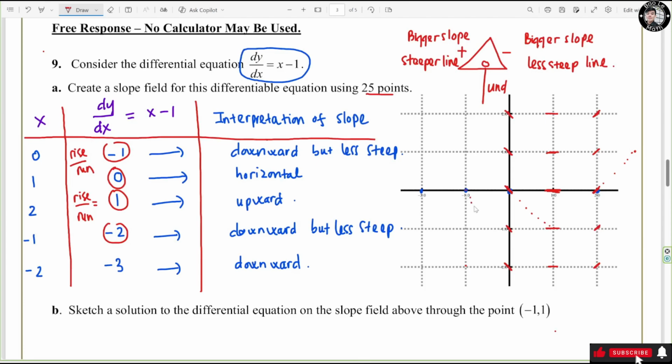So if you use this guideline right here, the slope should be like this, right? And observe that the slope of this guy is bigger than this guy. So the line right here is less steep than this guy, right?